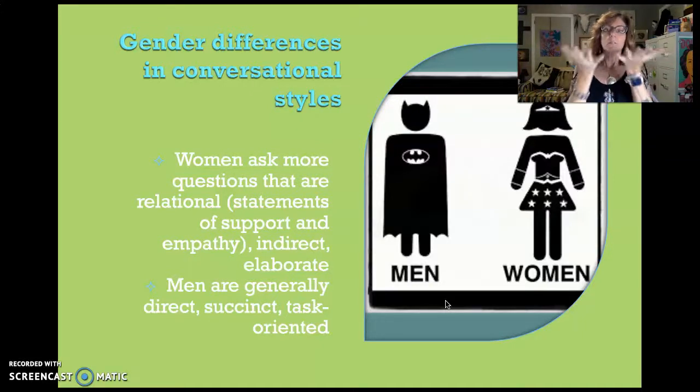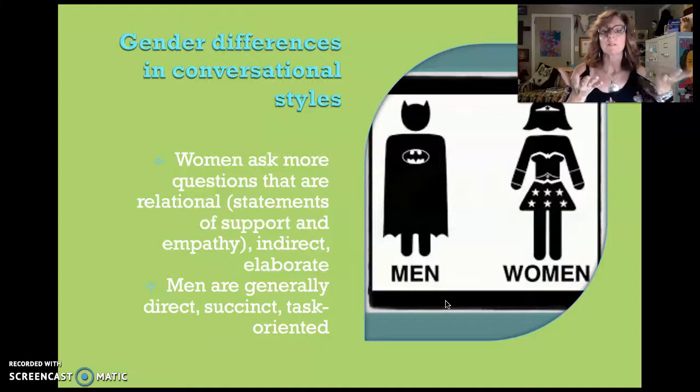Again, maybe this will help you start to appreciate what you each bring to the table, right? You bring different things to the table, different habits or gender styles to the table. Like a man does want to solve a problem and hasn't really been socialized to learn how to just listen.